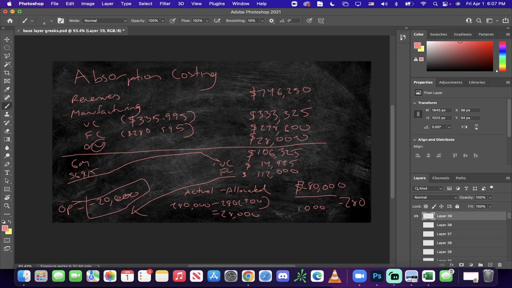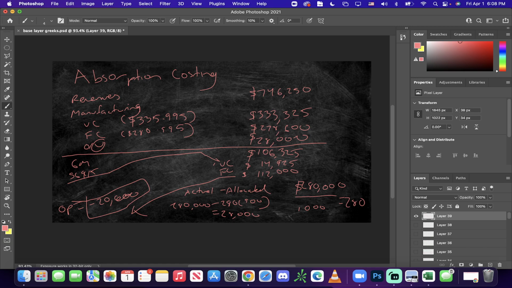So the manufacturing fixed cost from the paragraph was 280,000. Yeah, but we have to manipulate it for absorption costing. I'm just thinking right now.